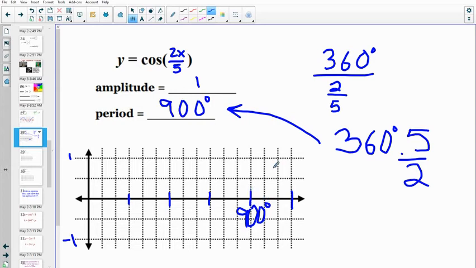And then I'll figure out half of 900 is 450. So the halfway point will be 450. Whoops, I did it again. And then half of that is 225. So each of my marked intervals is 225. So 225, 450, and then 225 more than 450 must be 675.